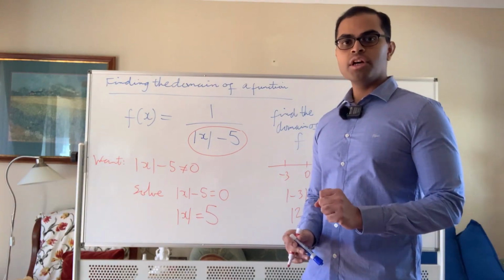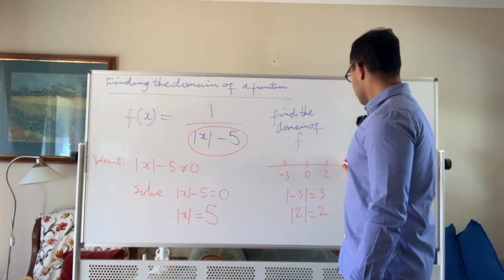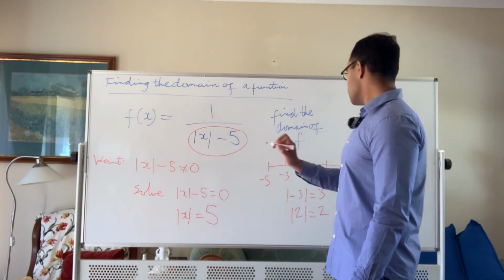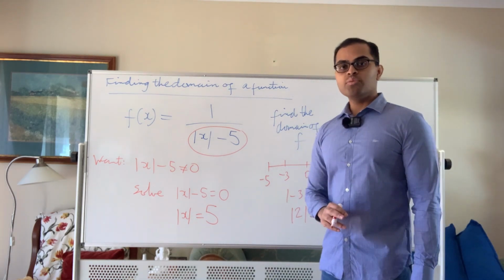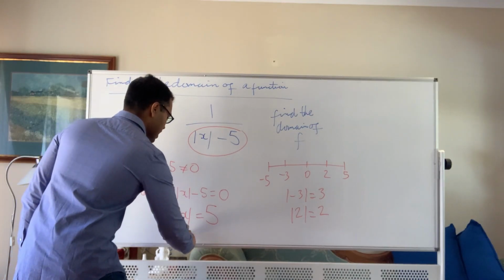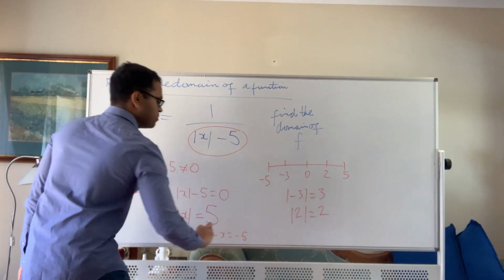Well, it's just going to be plus or minus 5, right? So on the right of 0, you can go 5 units. If you're an ant on the number line, on the left of 0, you can go 5 units. So both ways you can go 5 units. This implies absolute value x is 5, so x is equal to 5, or x is equal to minus 5. That's going to be the solution.